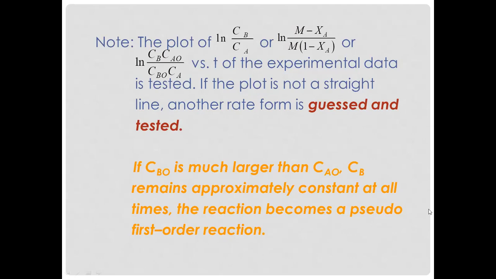When we speak of pseudo in kinetics, it's just like in our language, daw. Daw, first order siya. So kung dako-dako si B sa kay A, daw first order ang imo nga reaction with respect to A. If your CAO is very large compared to B, daw first order man siya.